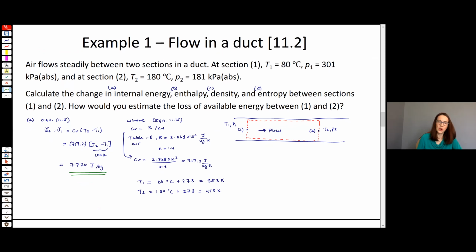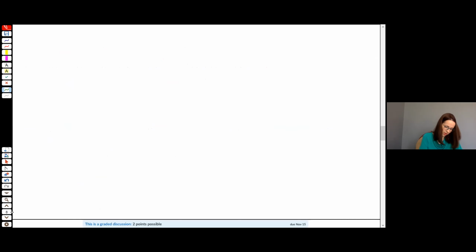Okay, so part A, what's the change in internal energy? Now let's move on to the change in enthalpy, part B. Okay, so equation 11.9 gives us the change in enthalpy. It tells us that H2 hat minus H1 hat is equal to C sub P, T2 minus T1.